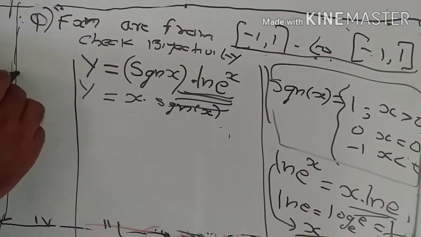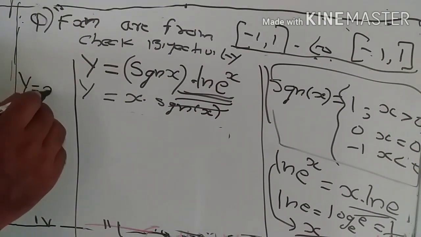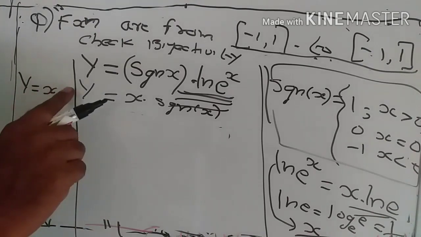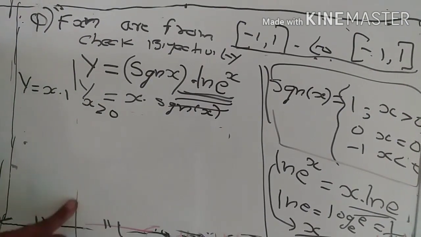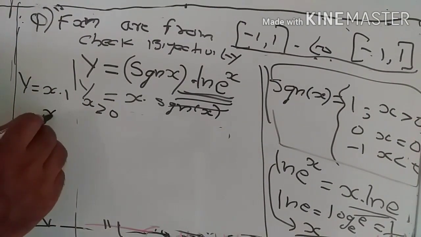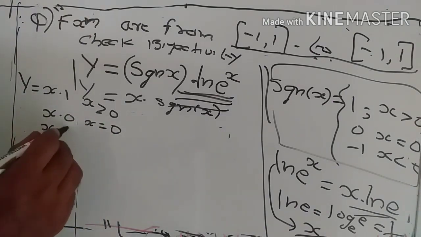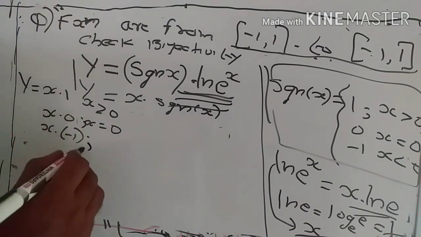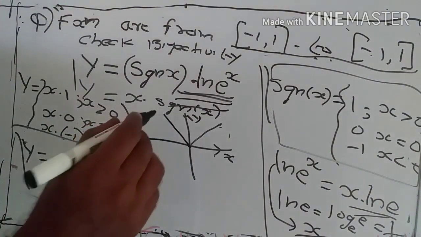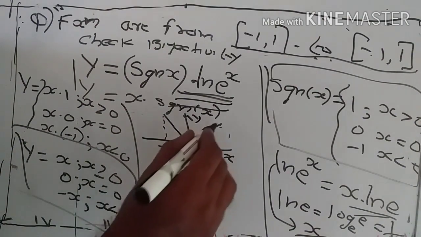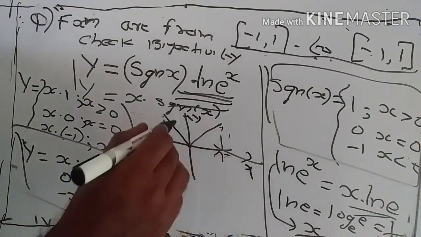So y is x into 1 for x greater than or equal to 0, x into 0 at x equal to 0, and x into minus 1 for x less than 0, in the interval minus 1 to 1. This value is 1.